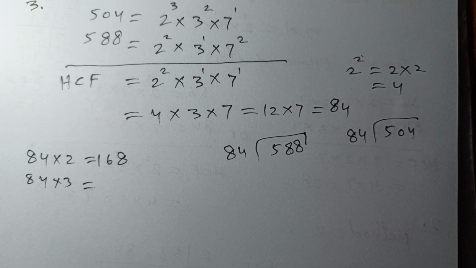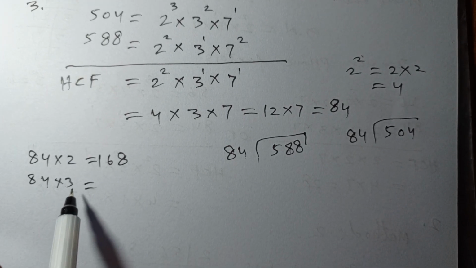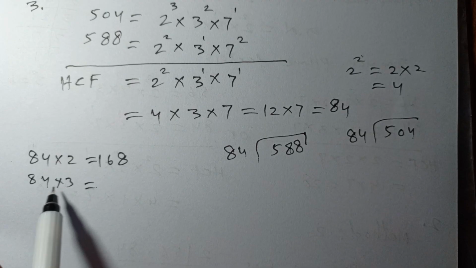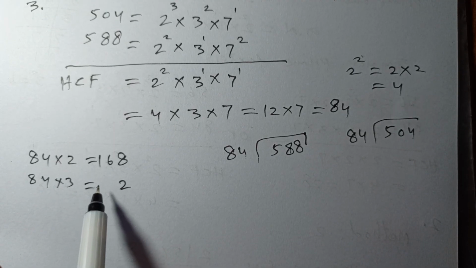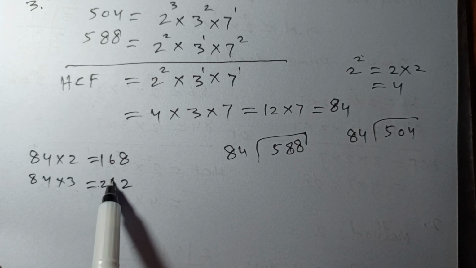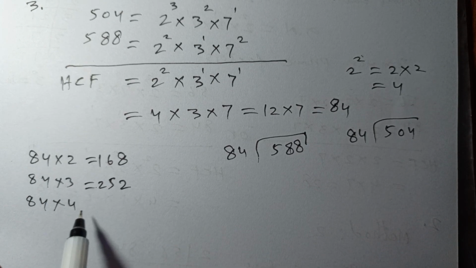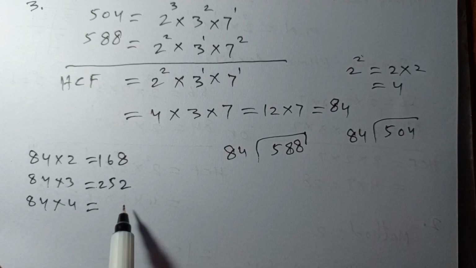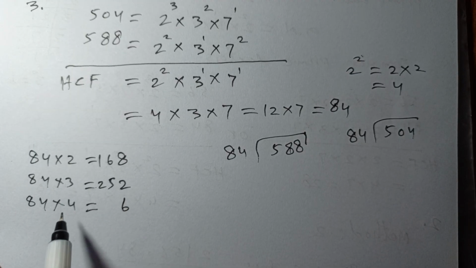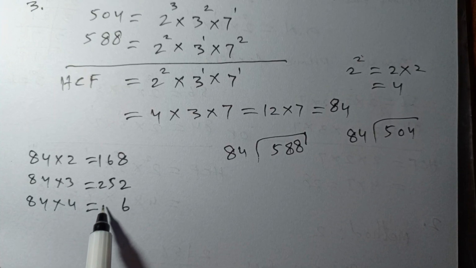If you are not allowed a calculator, then you will find like this: 3 4s are 12, 3 8s are 24, 24 and 1 25. 84 multiplied by 4, 4 4s are 16, and 4 8s are 32, 32 and 1 33.